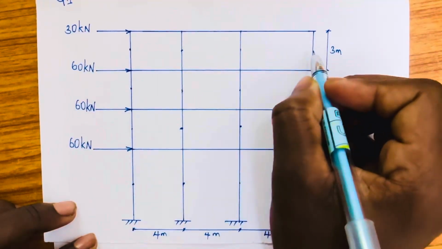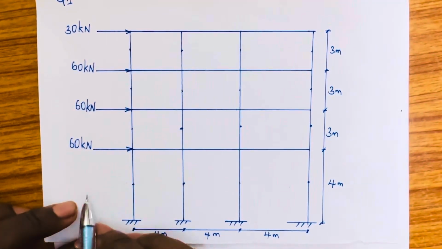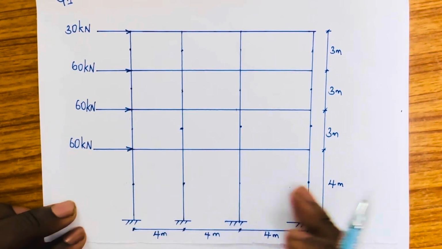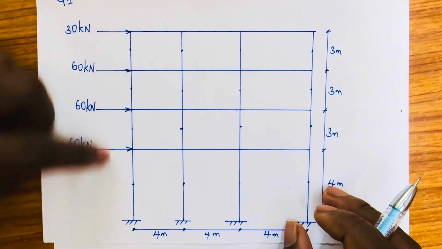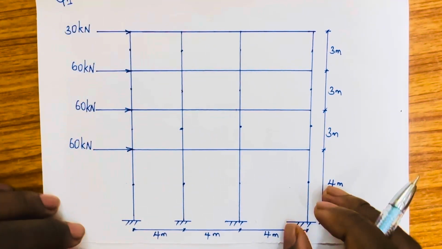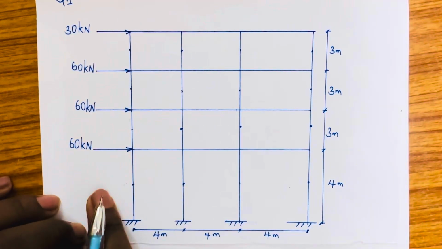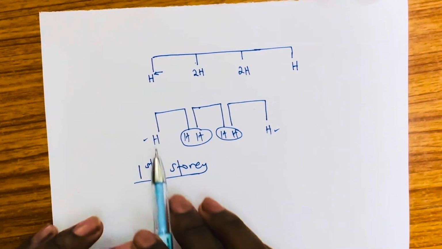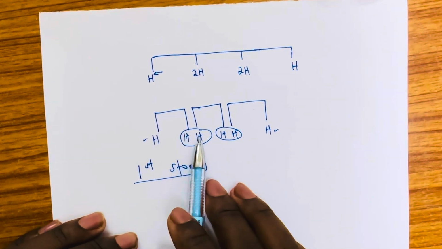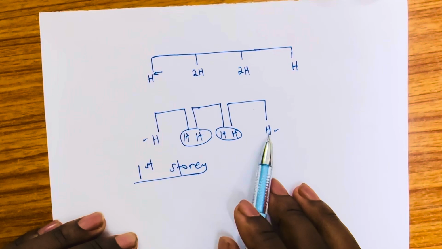Now after you're done with marking all of them, the first story means we're considering from down here. So what are the forces involved? All these are the forces involved upward. So if these are all the forces involved, what we take into consideration is that I have 1, 2, 3, 4, 5, 6 forces.